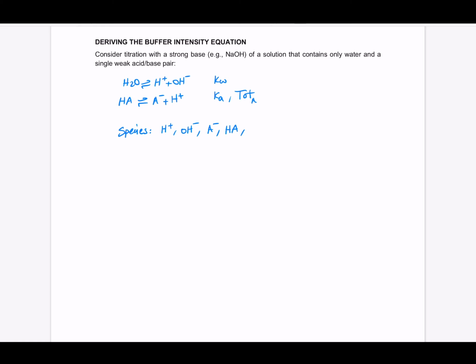Anything missing? Yep. So we're adding also sodium to the system, and that would be sodium plus. So can anyone help me with the charge balance? So all the positive species plus sodium equal to OH minus plus A minus.